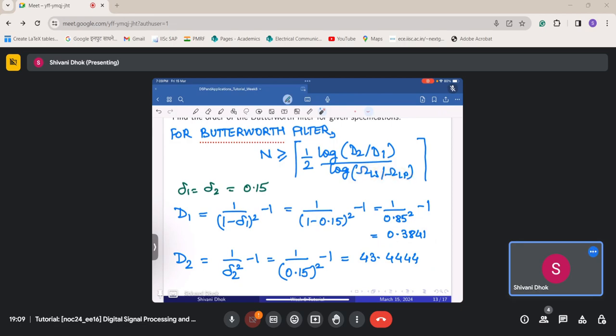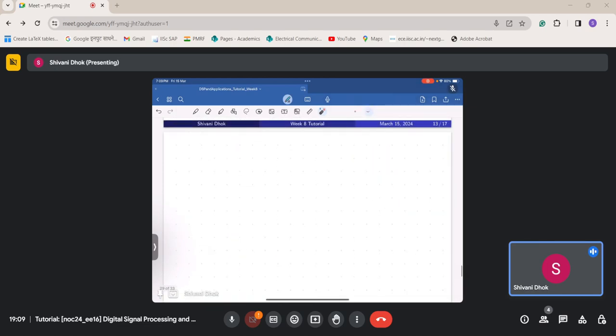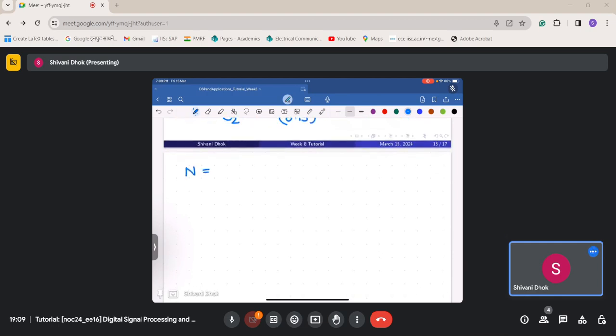So now we have d1 and d2, and we have omega ls and omega lp from the previous question. So we have the sufficient information required in order to find our order. So let us substitute it. Let us take the least possible value of order, so we can just replace it by equality.